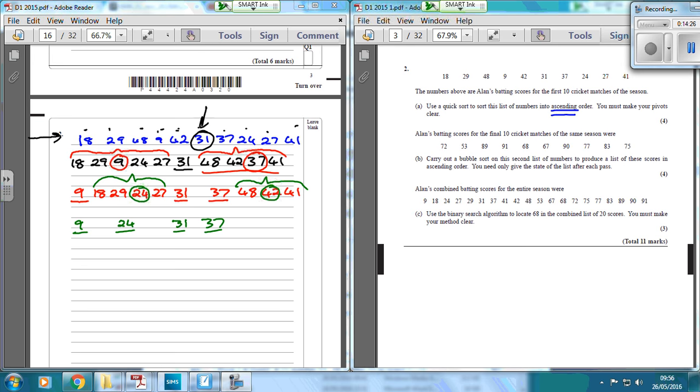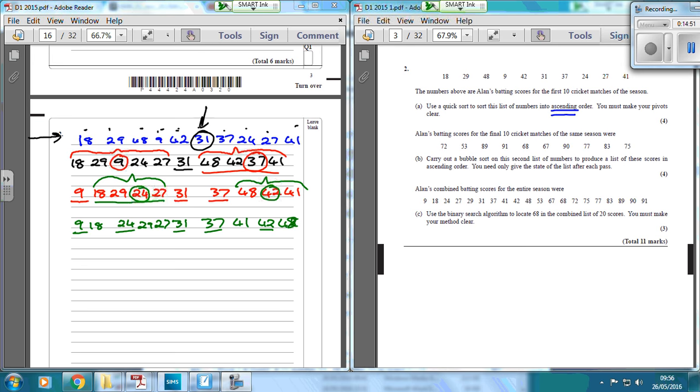And we compare this subset to 24. So 18 goes before 24, 29 goes after 24, and 27 comes after 24. Then we've got 42. So 48 comes after 42, and 41 comes before 42.